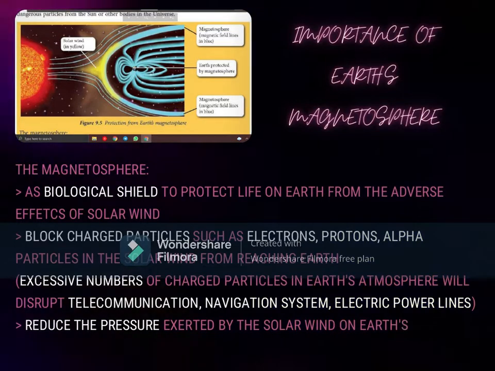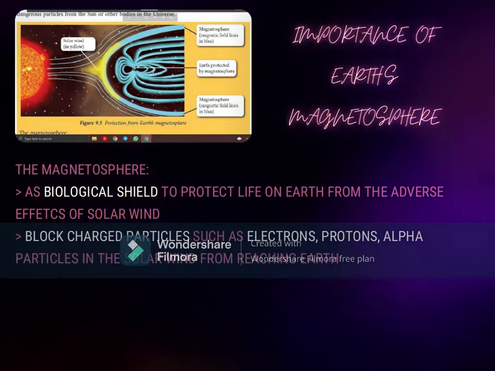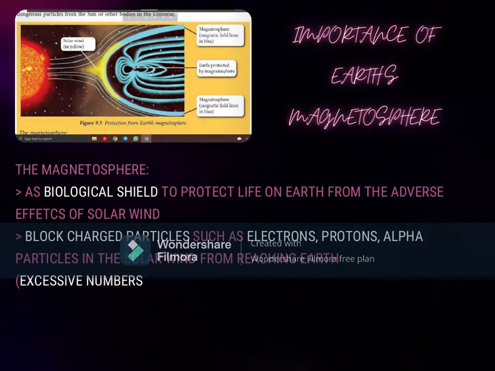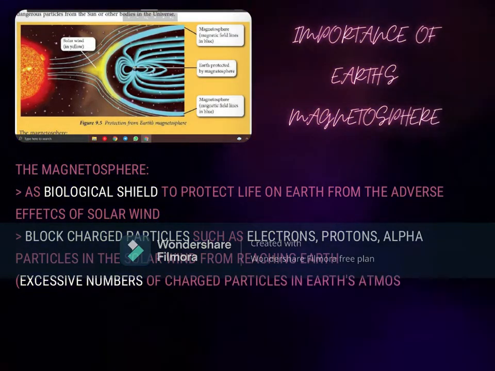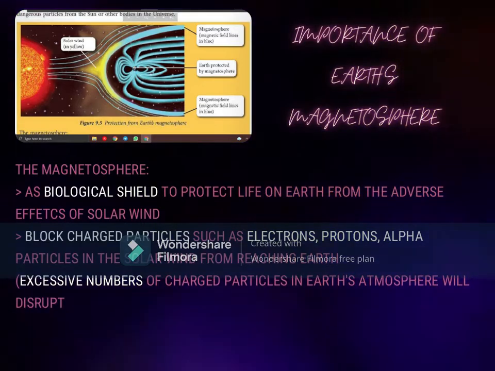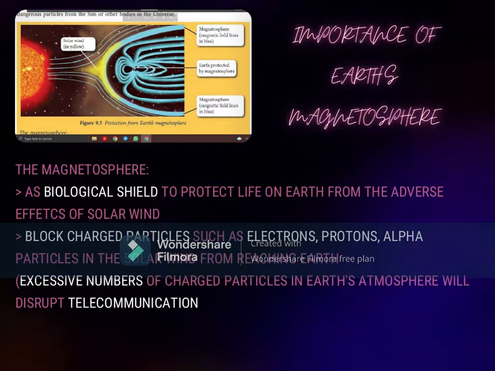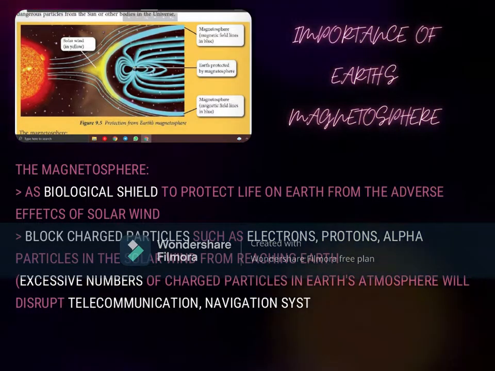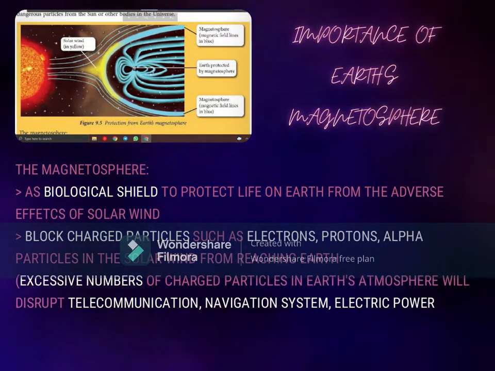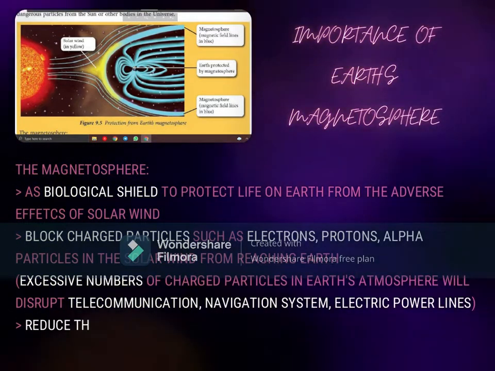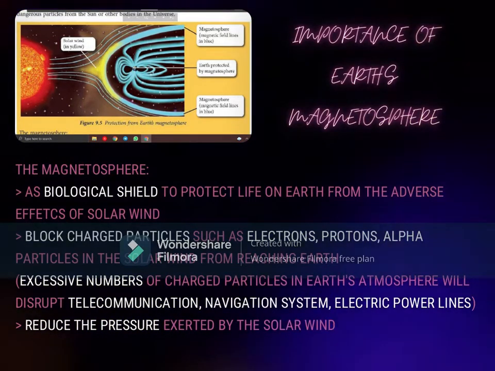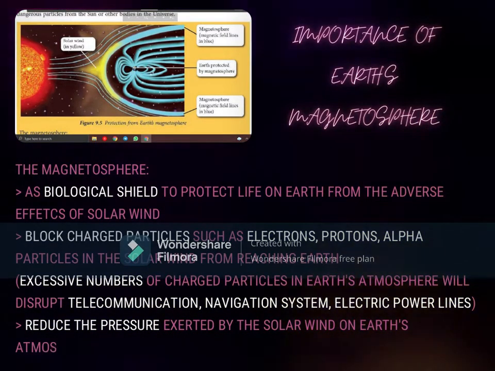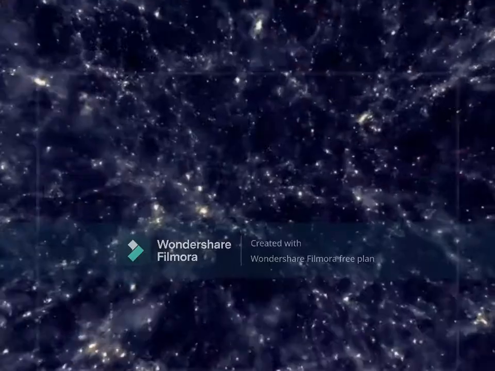It is because excessive numbers of charged particles in Earth's atmosphere will disrupt telecommunication, navigation systems, and electric power lines. Basically, the excessive number of particles will cause harm to life on Earth. The magnetosphere can reduce the pressure exerted by the solar wind on Earth's atmosphere.